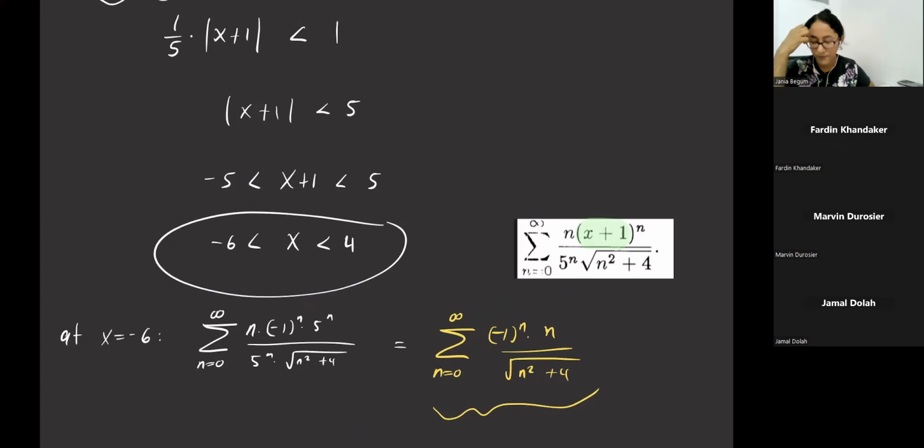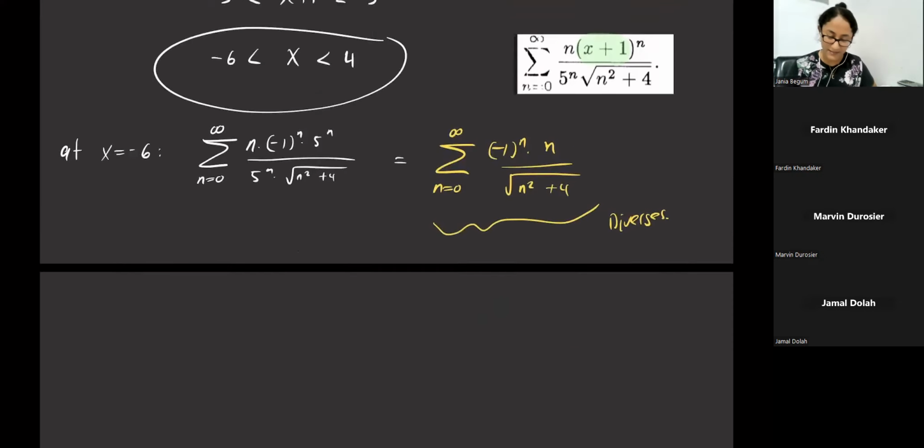Because the denominator n squared, if you simplify, would have n over n is 1, and so the nth term divergence test works. Exactly. You could do that too, or you could do the limit comparison. Everything will give you divergent. So this diverges. Good. You could also compare it to a p integral and then do the limit comparison. So at this endpoint, we have a divergent series.